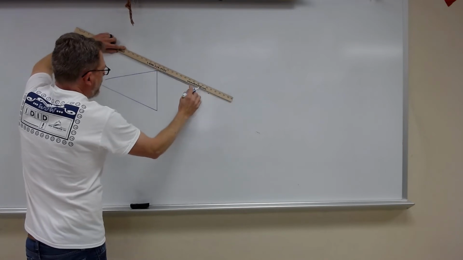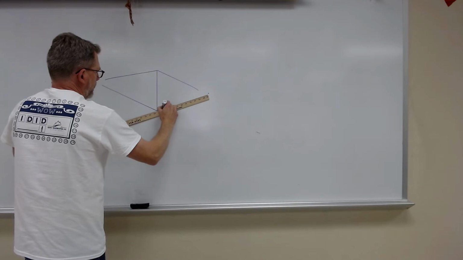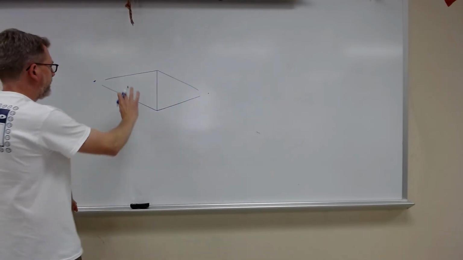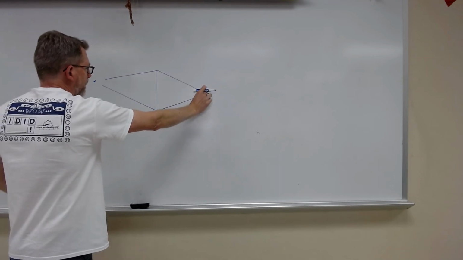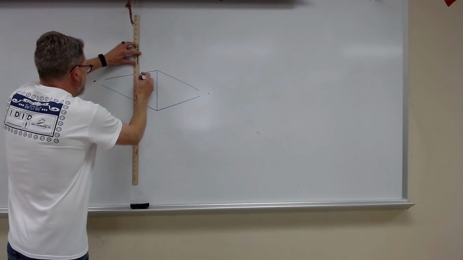Okay, so I'm going to go there, and depending on how big your paper is, you can put more buildings. I'm just going to do a few just to show you. Now I have a basic shape. It almost looks like a diamond. Vanishing point, vanishing point. Now I'm going to start adding some sides of my building.